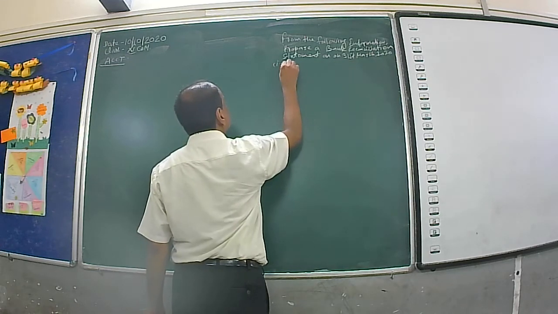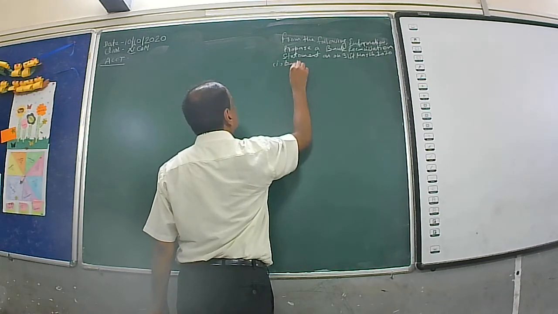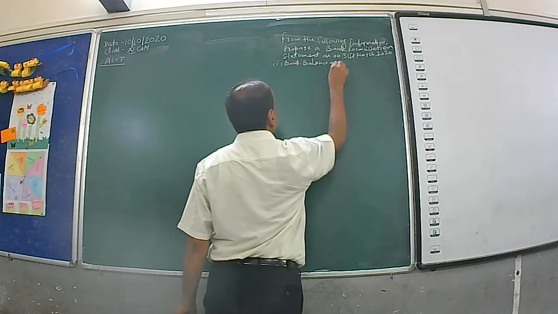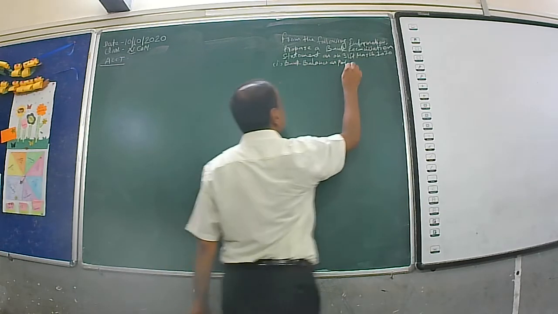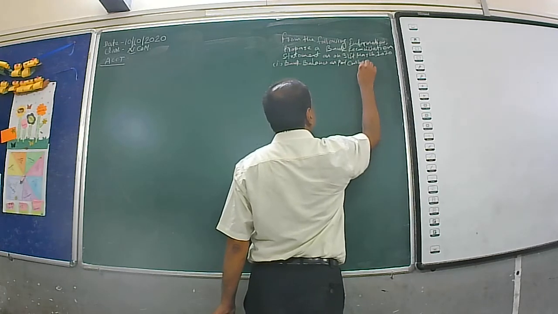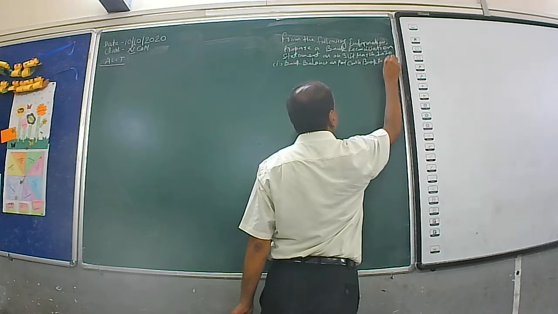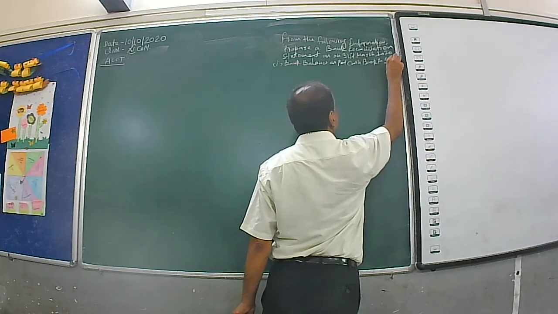Number 1, bank balance as per cash book rupees 50,000.